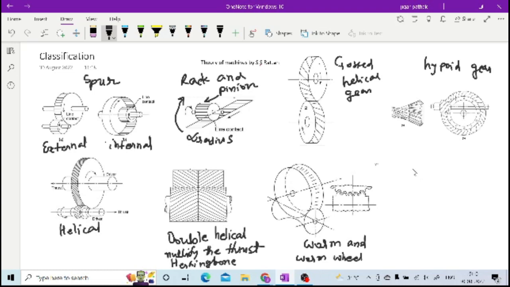Here you are having non-parallel and intersecting shafts also. These are parallel and non-intersecting. These are non-parallel and non-intersecting. Sometimes you are having non-parallel and intersecting, and in that you are having your bevel gears.